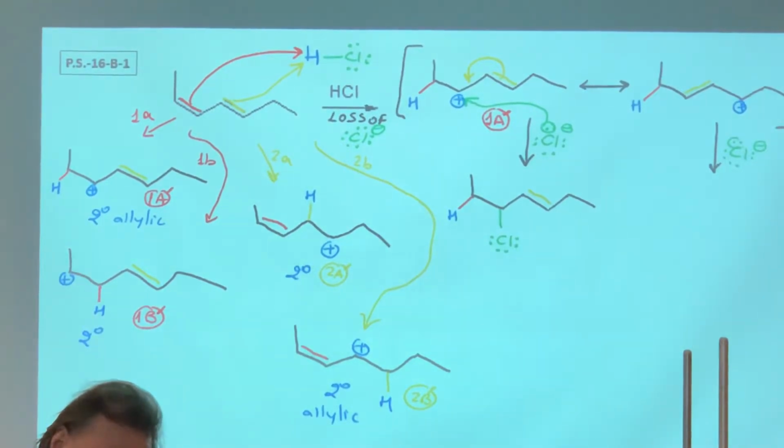It's going to come here and attack this, and as a result, I will get the double bond still here, and the chloride will be over here. And this is a product, so let me just put this in boxes so we can see them more carefully.